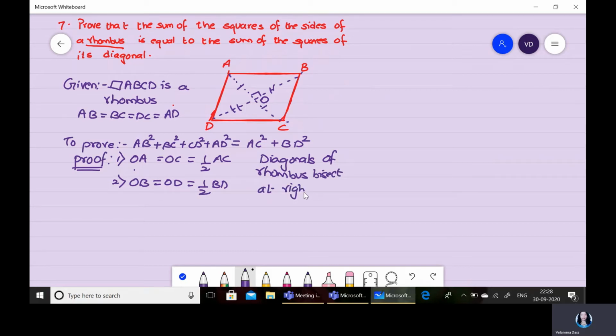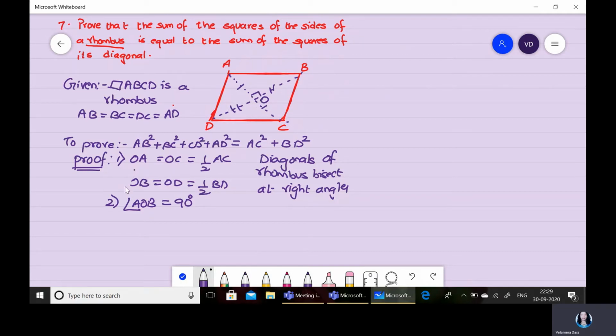So we mention this as 1, and the second is angle AOB. All the angles are actually 90 degrees, so we need to consider only one triangle, that is triangle AOB. Angle AOB equals angle BOC equals angle DOC equals angle AOD, and they are all equal to 90 degrees.